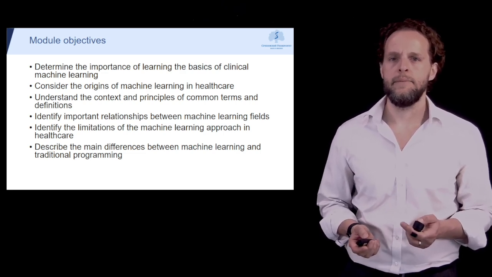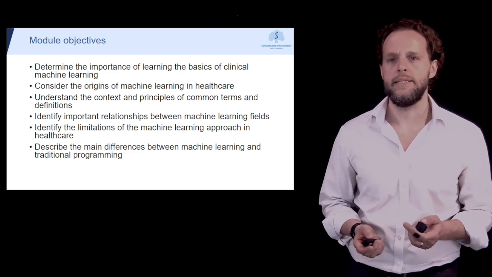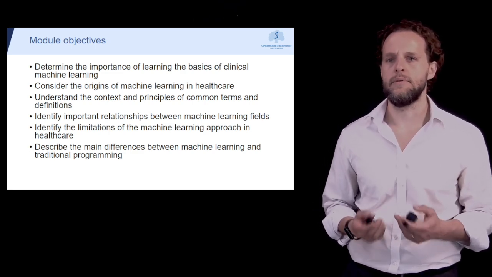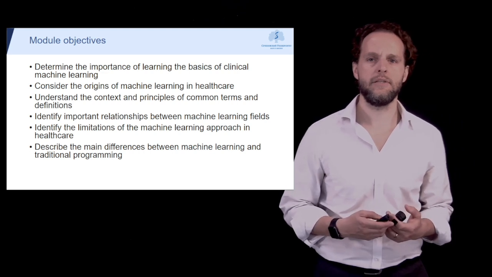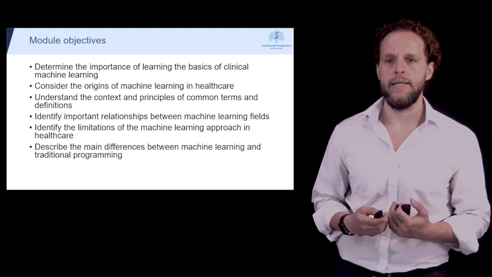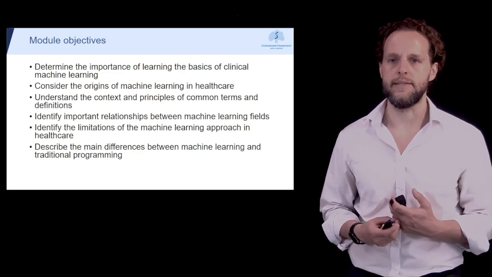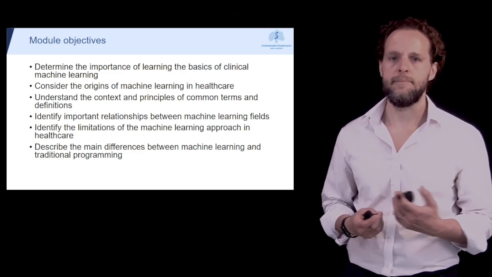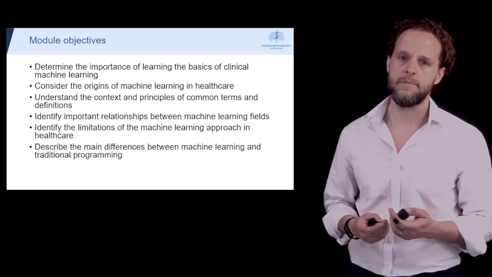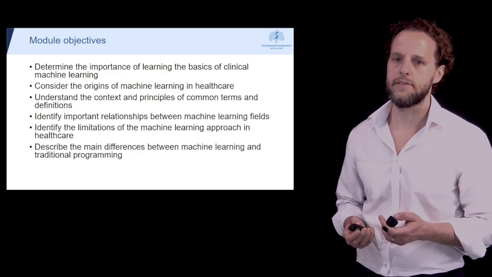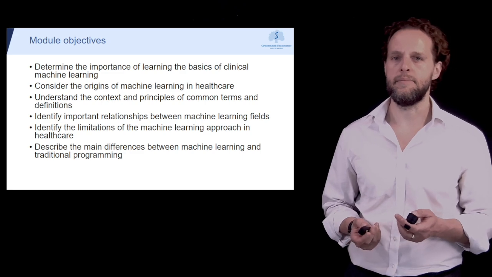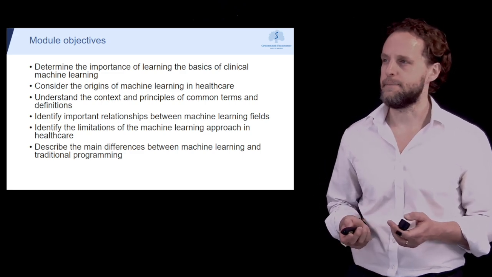We will identify important relationships between areas of machine learning, for example, biostatistics and traditional computer programming. We'll identify the limitations of the machine learning approach in healthcare. We'll describe the basic principles of developing machine learning applications and how they are implemented in healthcare.